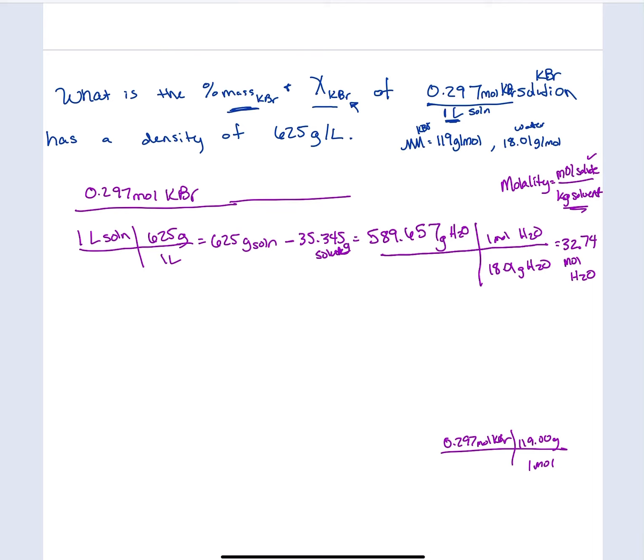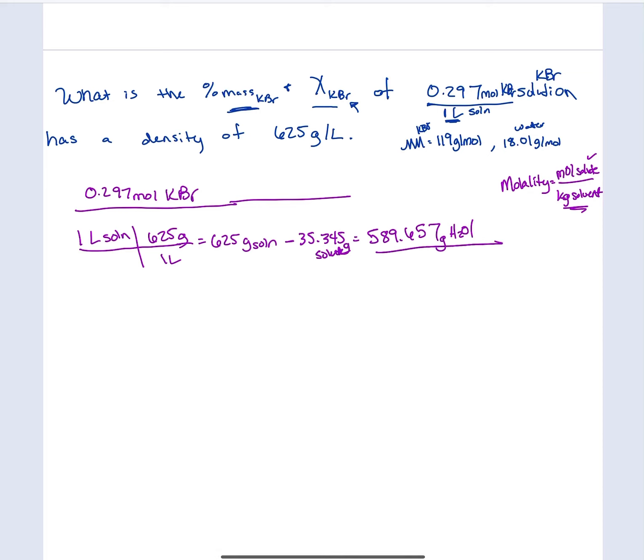And we're going to go back over here. Remember, now we know that our grams of solution, if we were to break it apart, was 0.297 moles of KBr. Wait a second. We didn't actually need to do that last step, did we? Because we already had our grams of solvent. So don't go too far. I was going ahead and taking it to mole fraction, wasn't I?